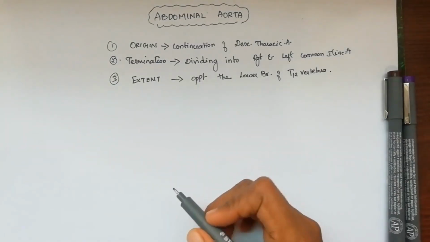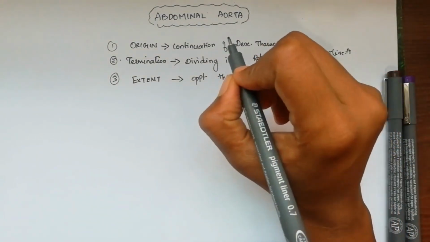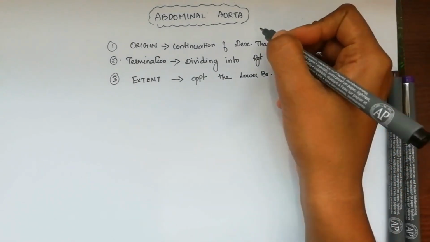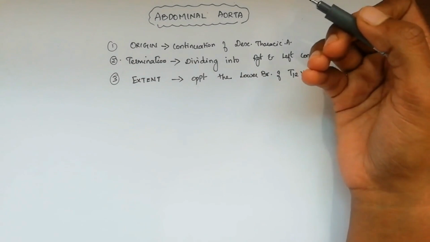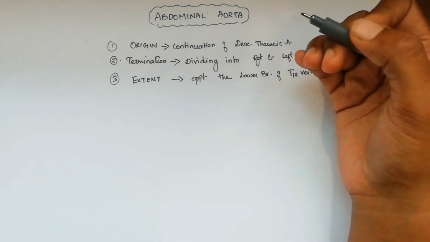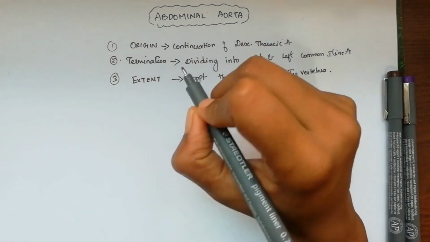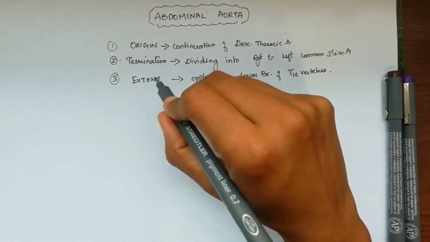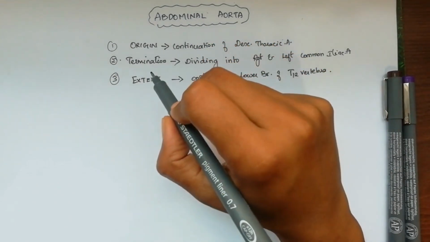So in today's topic we are going to deal with an artery, the major vessel seen in the abdominal region, that is the abdominal aorta. While explaining an artery, we have some important things to deal with, such as where it takes its origin, and second, where it terminates. So origin and termination we are going to see.